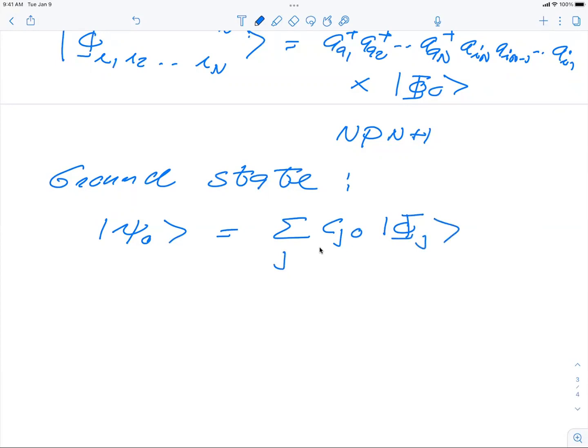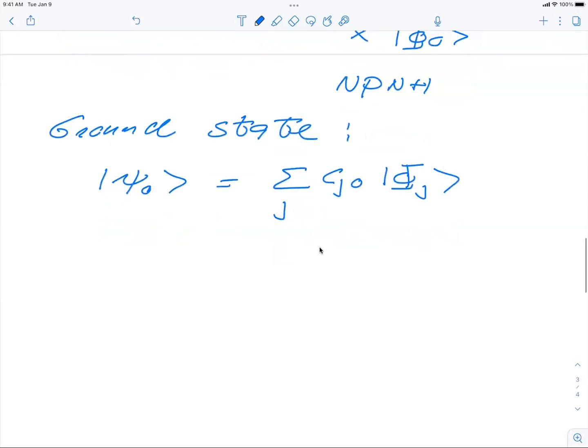So this C_j0 is actually the element of a unitary transformation. So that's the elements of a unitary matrix when we are transforming from one basis to another. And since the operators are Hermitian, we always deal with unitary matrices. If everything is real, we will typically deal with orthogonal matrices. So these C's are just matrix elements of a unitary transformation, and they are given by the overlaps between these two states, psi 0 and phi j here.